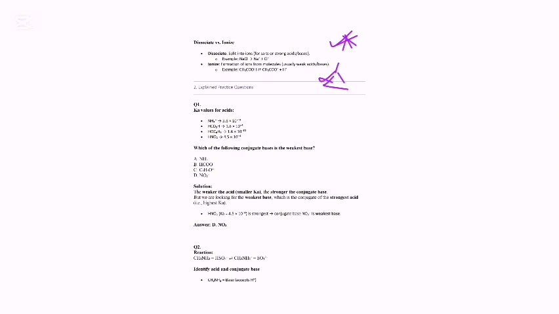They will also ask you to identify if something is a weak acid or a strong acid, in relation to its equilibrium constant Ka. The weaker the acid, the smaller the Ka, and the stronger the conjugate base.